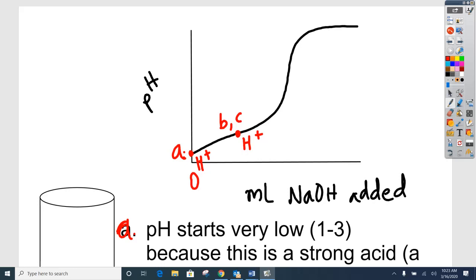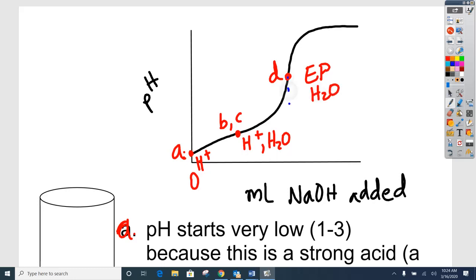You might see a slight rise in your pH because we're also creating water, and therefore we are diluting our solution. D in your notes would represent your equivalence point. That is the point at which you've mixed everything in the perfect ratio. There is no hydrogen ion left over in the container. The only thing present in that beaker would be water.